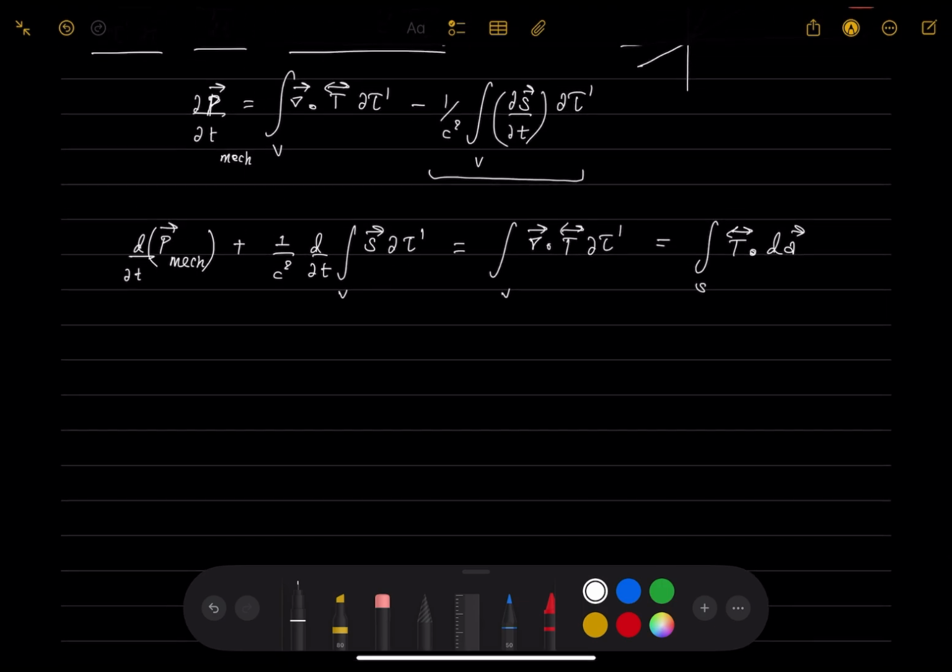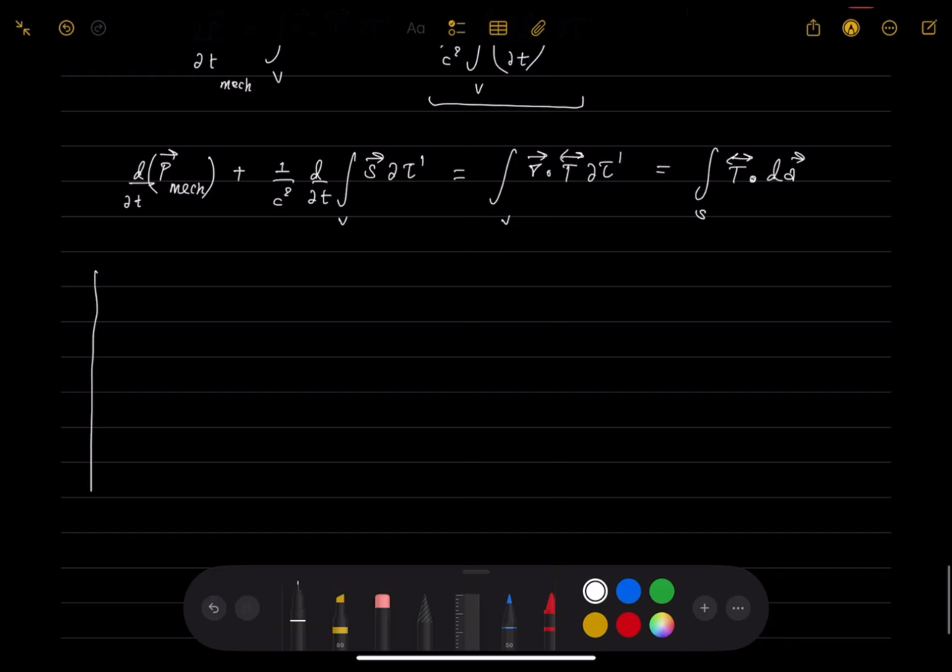So let me write this whole equation again. Now we're not considering arbitrary volume elements. Now we're considering a whole region of space, right?